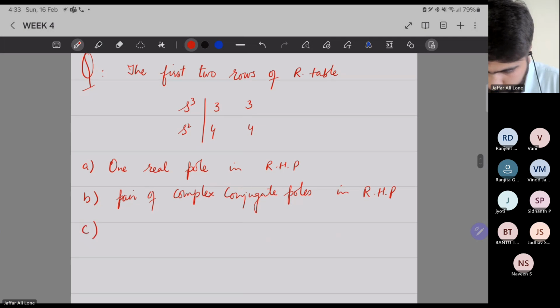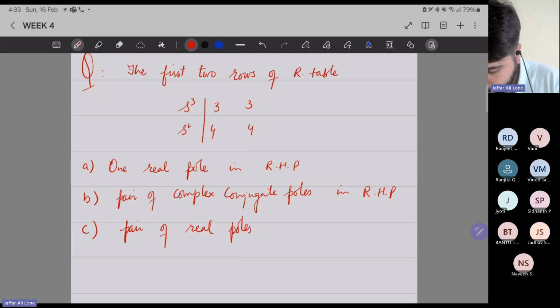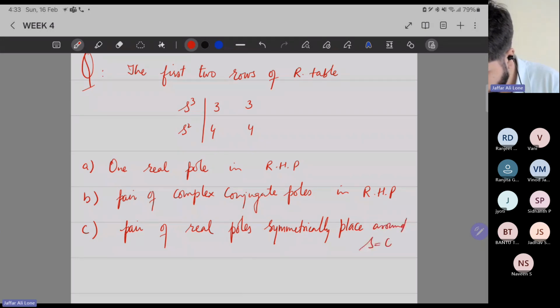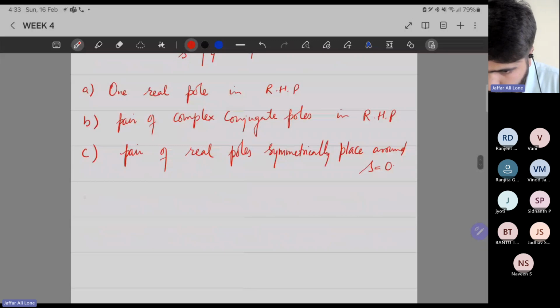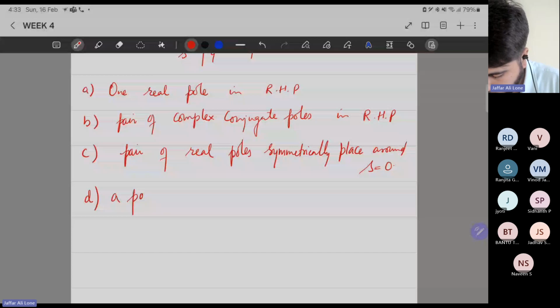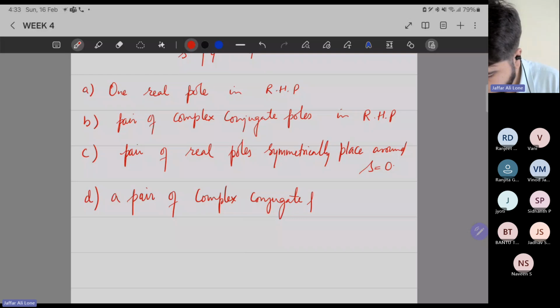Option C, a pair of real poles symmetrically placed around s equal to 0, or D, a pair of complex conjugate poles on the imaginary axis.